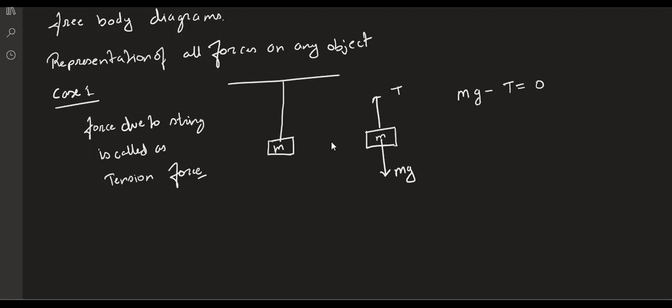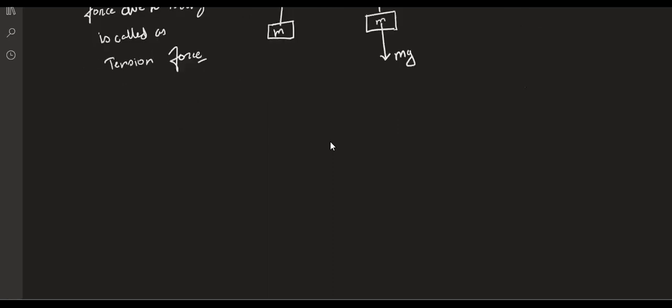Now I'll just extend this concept. Who has understood the concept? It is the force equation now. There are only two forces on the y-axis. We equated the net sum of all the forces on the y-axis to mass into acceleration on the y-axis, which is 0.